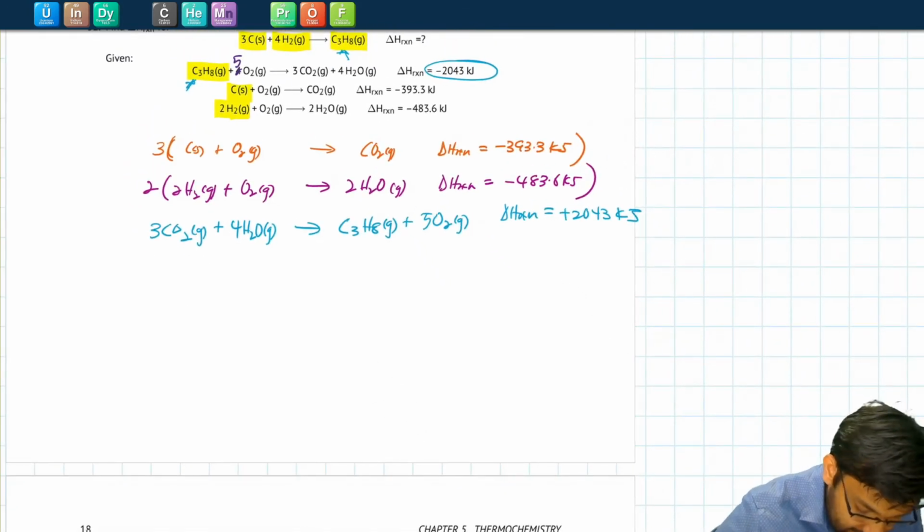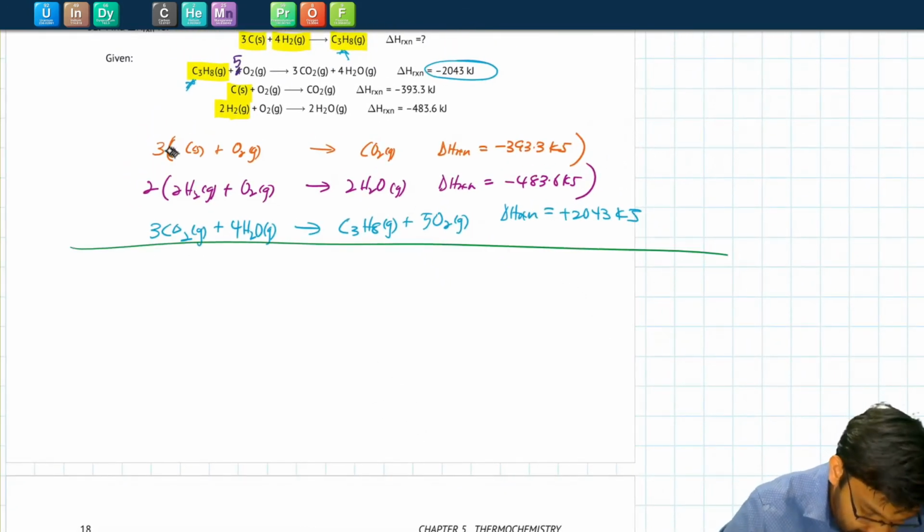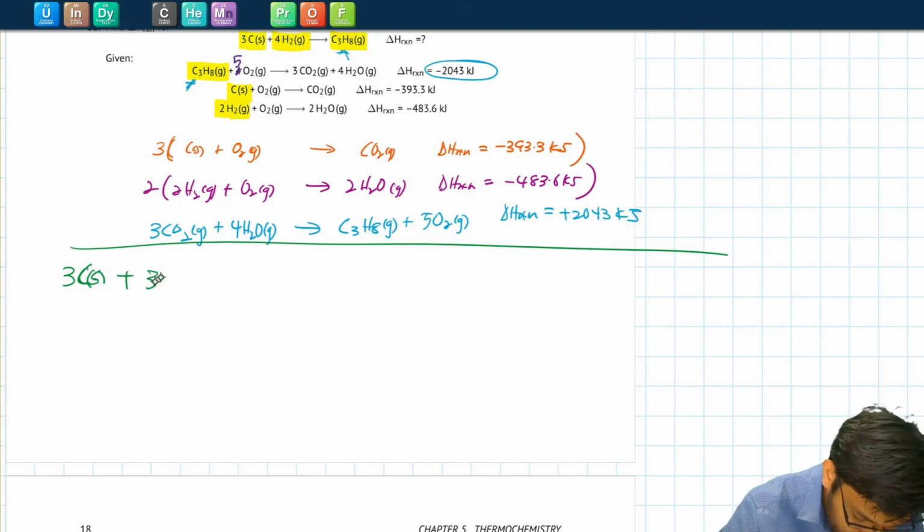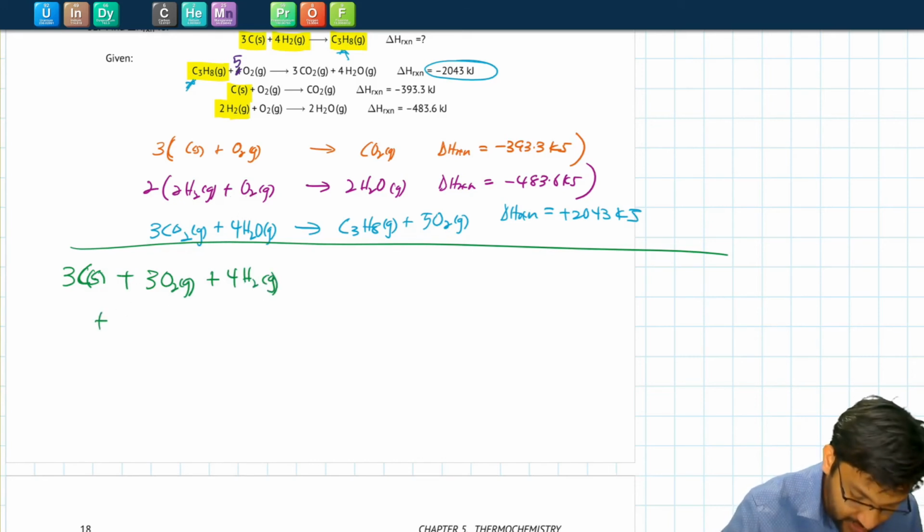Okay, so let's add this all up to see what we get. We got 3 carbons, plus 3 oxygens, plus 2 times 2 is 4 hydrogens, plus 2 times 1, that's another 2 more oxygens, so this will be 5 oxygens.